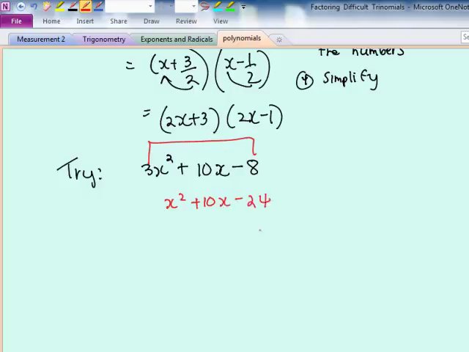Multiply first by last. Next step is factor. Did you factor this out? x and x, and factors of 24. Negative 6, no, it's not right. What would it be? Positive 12, negative 2. Now be careful, there's more than one factor.